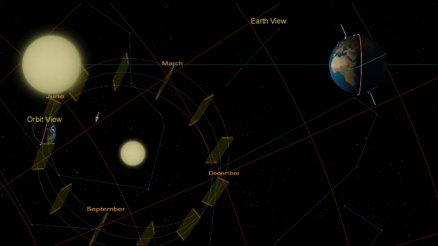We're sitting in June. It's approximately the 21st of June. This is one of the solstices, where the Northern Hemisphere experiences its longest day, and the Southern Hemisphere its shortest day.